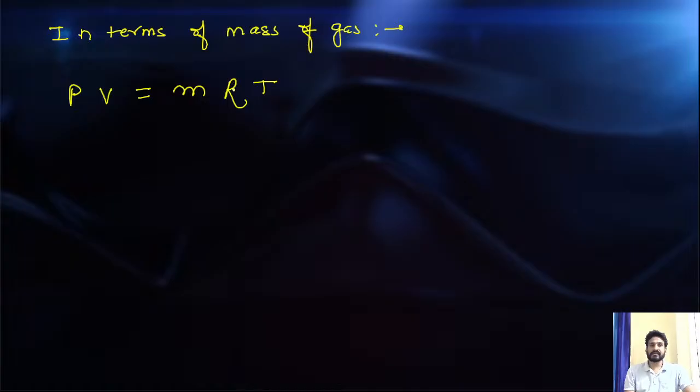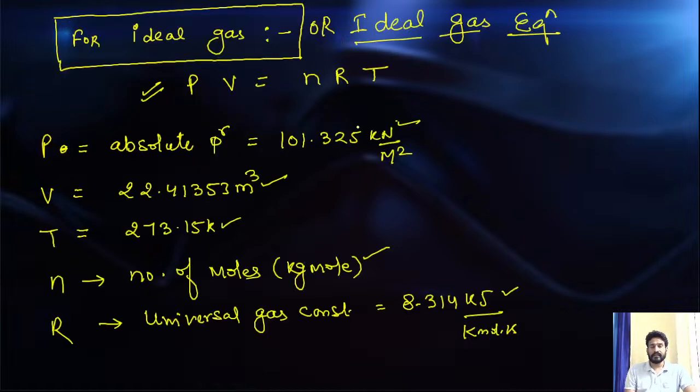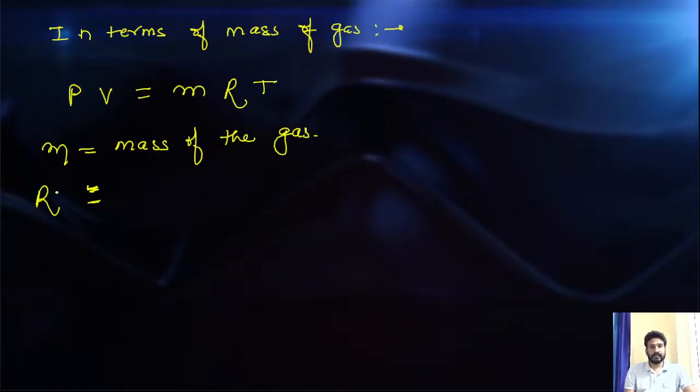Now this R is different and m is different. P is pressure, V is volume, T is temperature, there is no change. m here is my mass of the gas. And this R is not the universal gas constant, guys. I just tried to write it in a different way. The symbol of R is different.